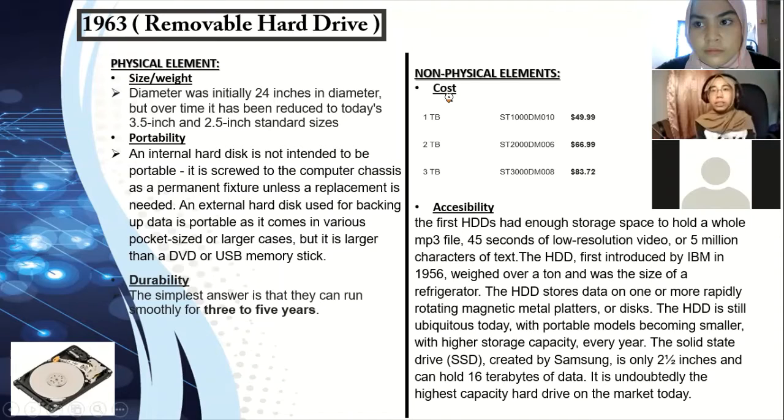Okay, this is a cost. Okay, this is a cost of removable hard disk. So for 1 TB, the price is 49 to 99 dollar.